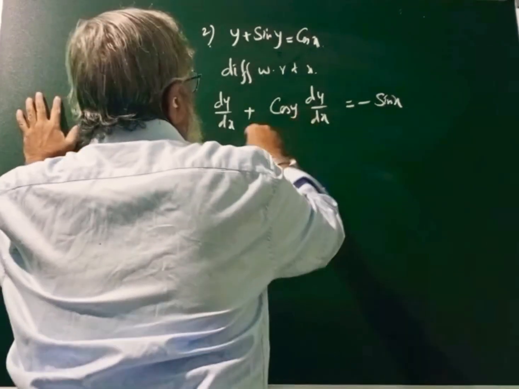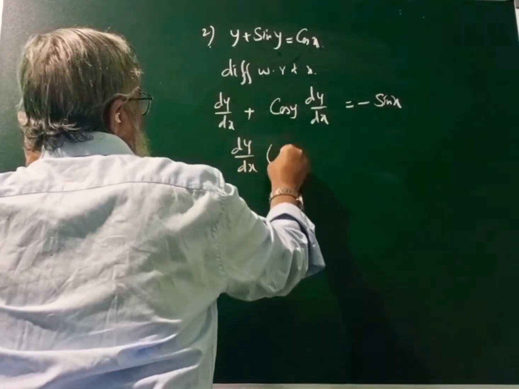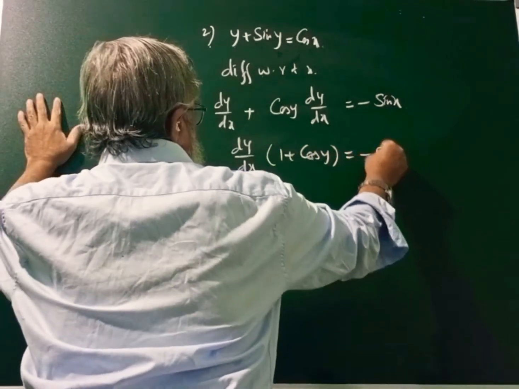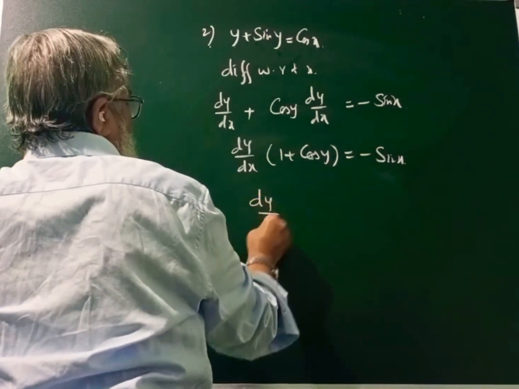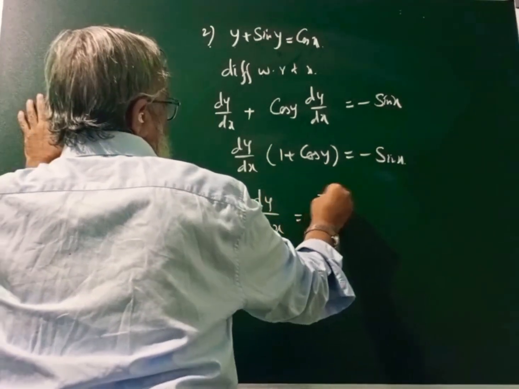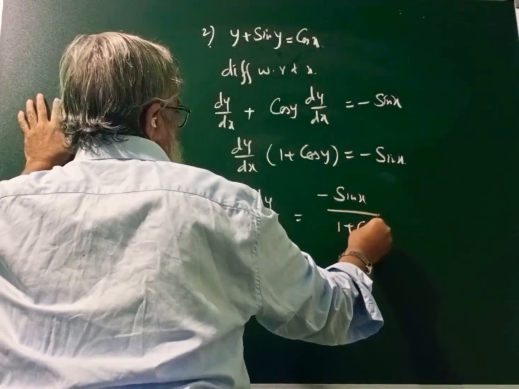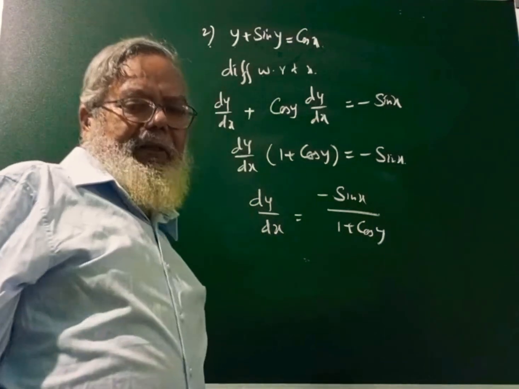Now you can see, we can take dy by dx common. It is 1 plus cos y, is equal to minus sin x, or dy by dx is equal to minus sin x by 1 plus cos y, is the value of dy by dx.